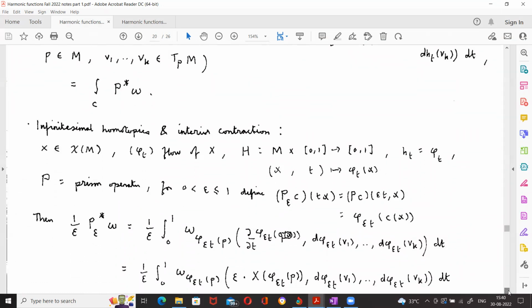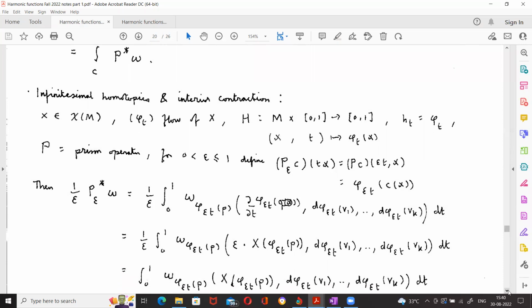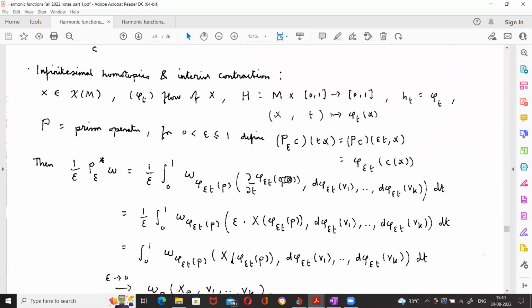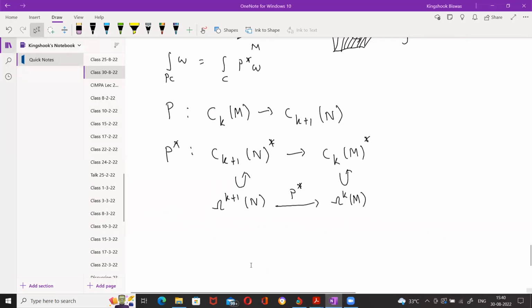now I want to look at an infinitesimal homotopy. So infinitesimal homotopy means the following.